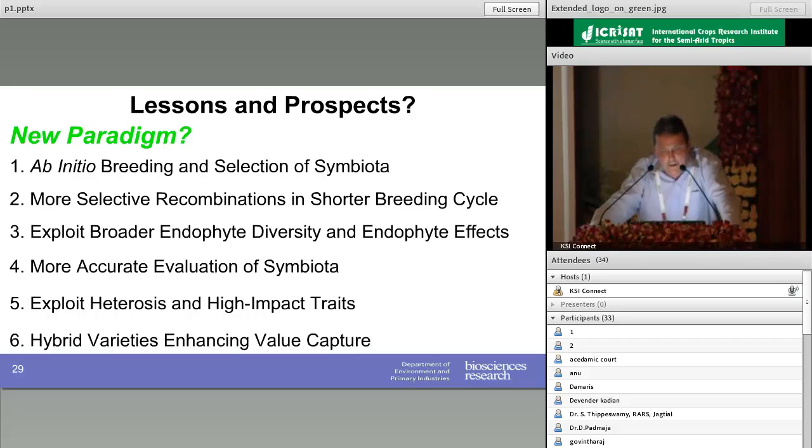This would apply to other forage grasses in the form of doing an ab initio breeding and selection of symbiota rather than the grass host only, looking at more selective recombinations in a shorter breeding cycle, exploiting the broader endophyte diversity and endophyte effects beyond the simple approach: is the endophyte toxic to livestock, or does it confer insect protection bioactivities? Looking at a more accurate evaluation of symbiota, exploiting heterosis and heritable traits, and ultimately delivering hybrid varieties.